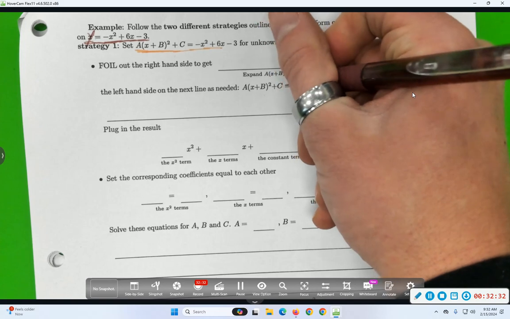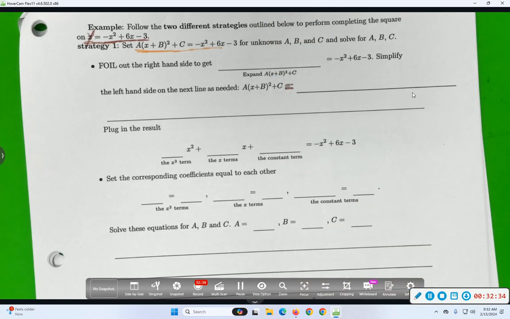If I asked you to expand this side out, but A, B, and C are variables, and x is another parameter, that looks like something that we can FOIL out, maybe in a few steps. Cool, let's do it.